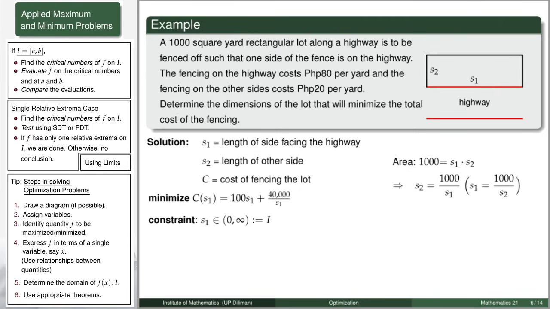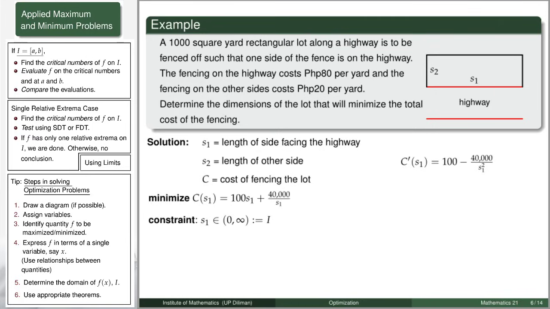Since I is not a closed and bounded interval, I will still be hoping for the single relative extreme case. To find critical numbers, I will get the derivative of this function, C of S1. That will just be 100 minus 40,000 over S1 squared. I will solve for this and simplify. Remember, to get the critical number, I need to add this and find the factors of the numerator.